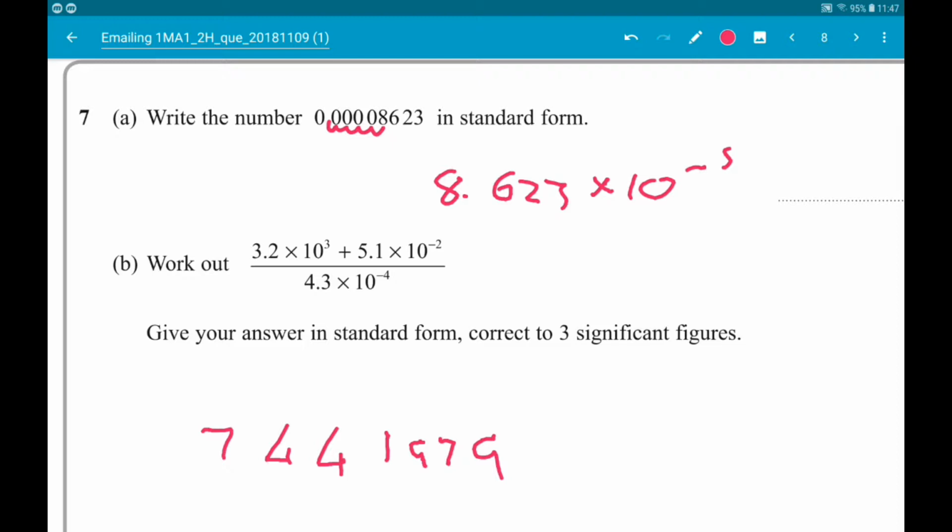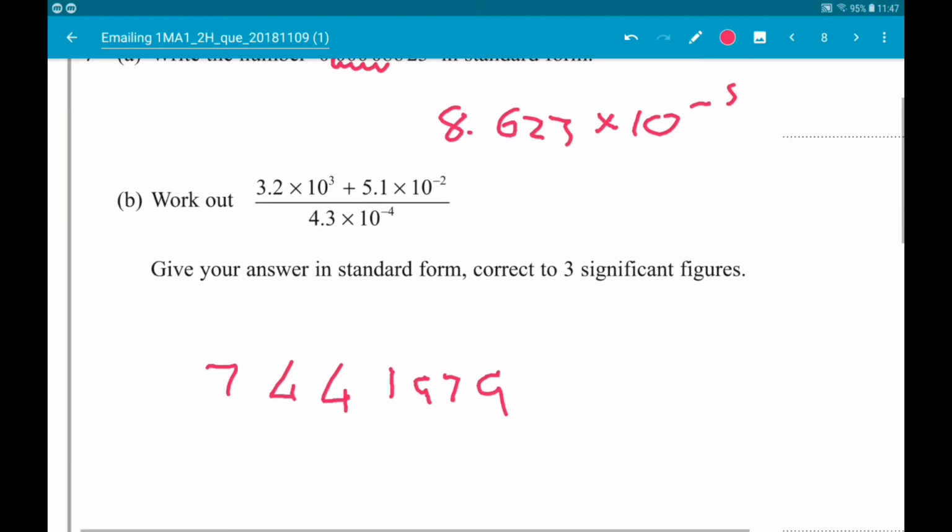Now that written to 3 sig figs is 744 0 0 0 0.